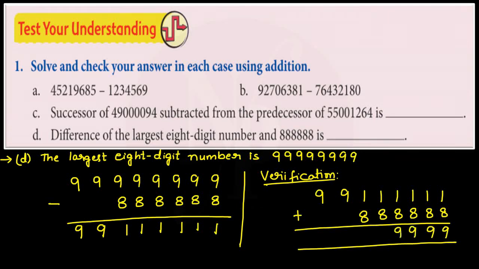Adding 1 to 8 we get 9. So here, we don't have any digit, so we will bring down 9 as it is. So we obtained 9 crore 99 lakh 99,999, which is the same as the minuend we had in the subtraction, and hence this confirms the subtraction we did is correct.